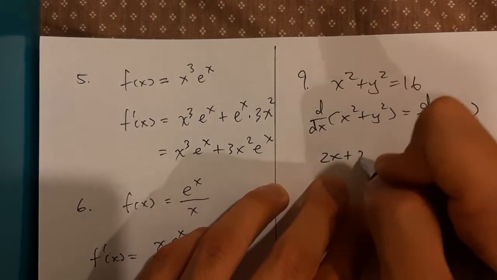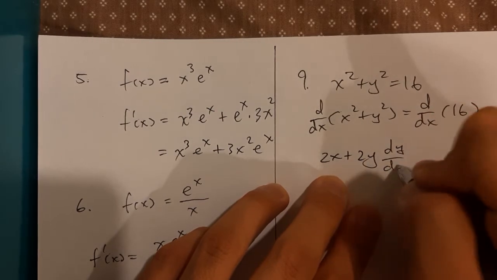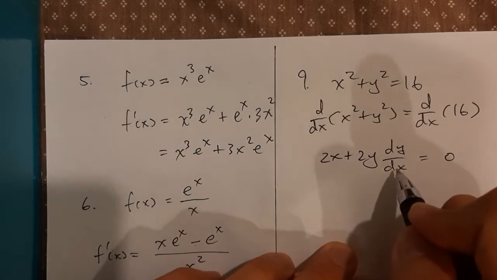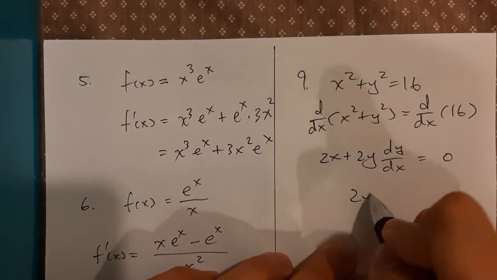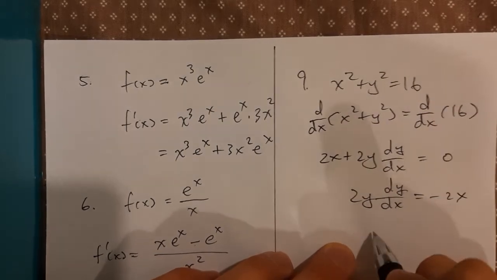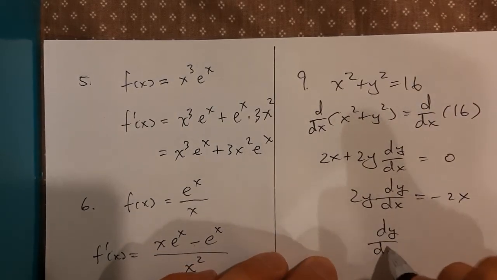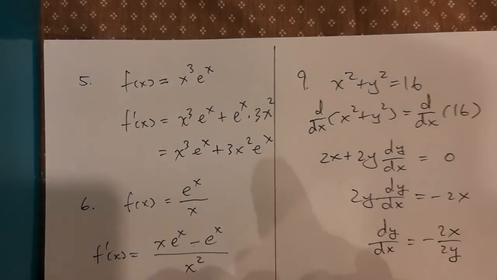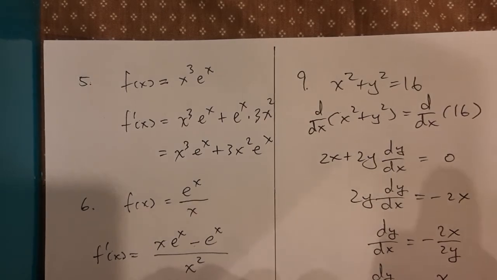Use the power rule to get 2y dy dx equals 0. Solve for dy dx. So that will give us 2y dy dx equals negative 2x. Dy dx equals negative 2x over 2y. So dy dx equals negative x over y.